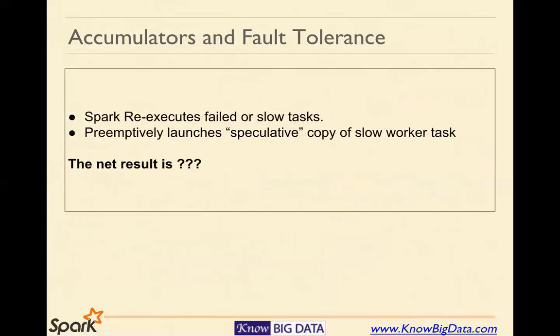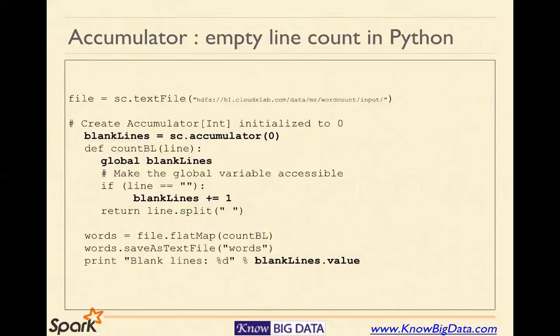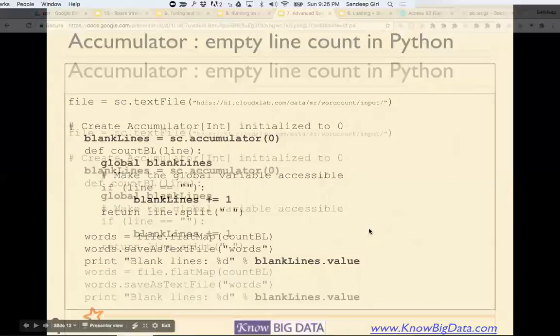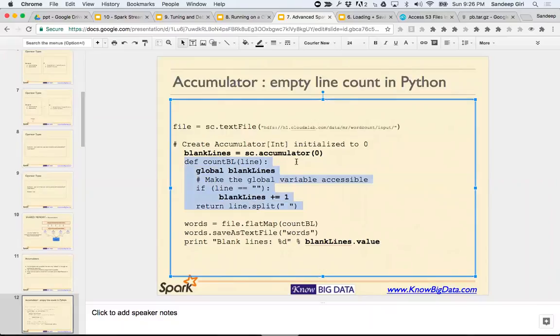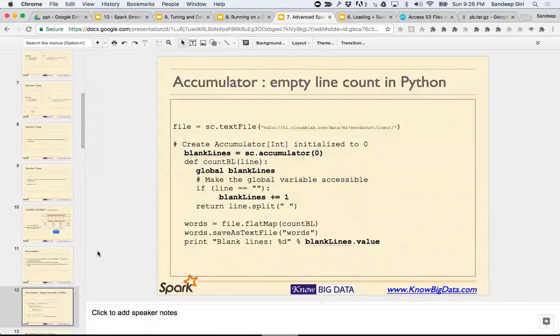It's pretty straightforward, as in you define an accumulator object, and then while inside your map function or reduce function, you can inform the accumulator by adding something to it, or some other way.